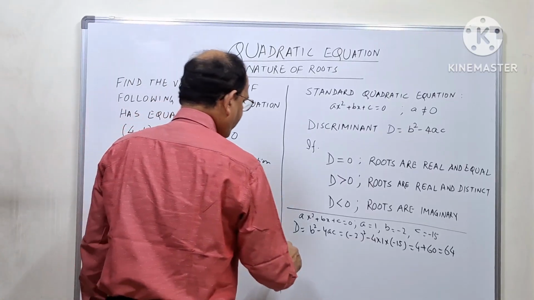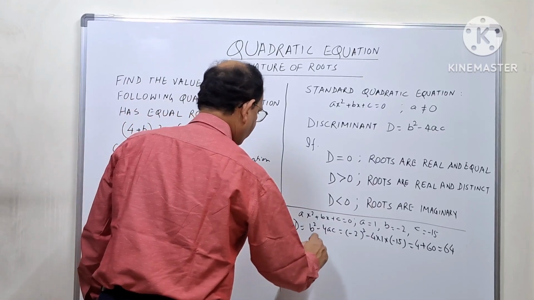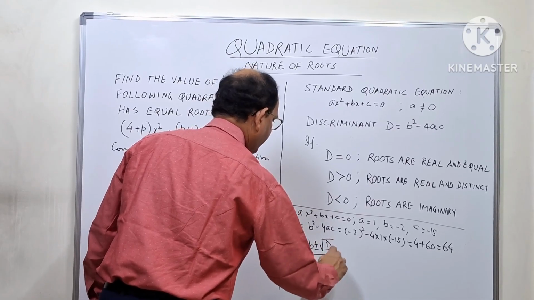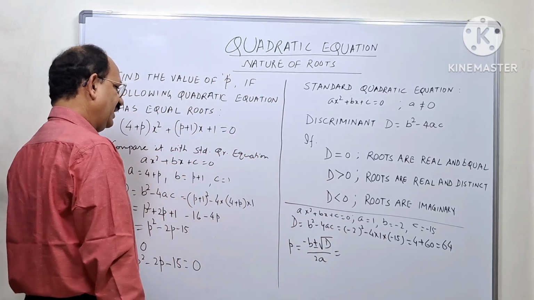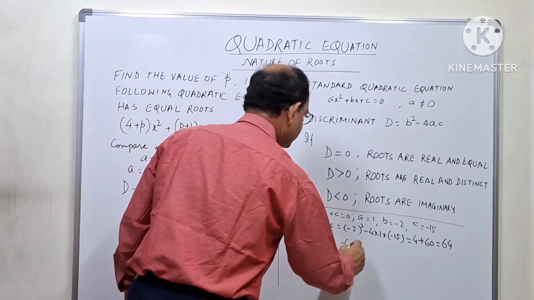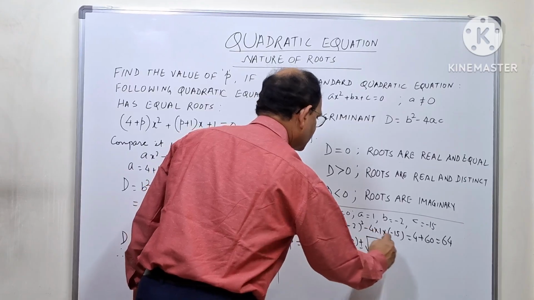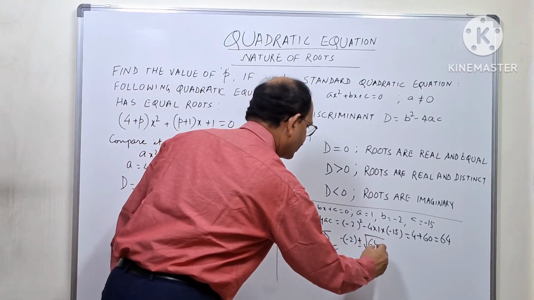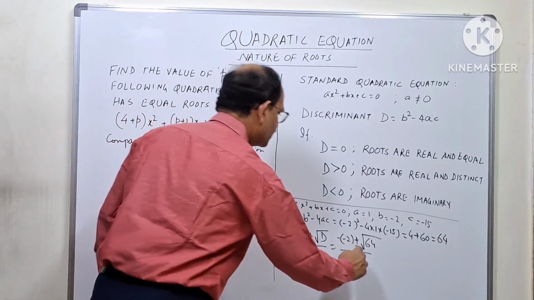Now we can use the quadratic formula. So in this case, the value of p then will be equal to minus b plus minus square root of d divided by 2 times a. If we put the values, then we will get minus, and b is equal to minus 2, plus minus square root of d, we got 64, divided by 2 times a, and value of a is 1.